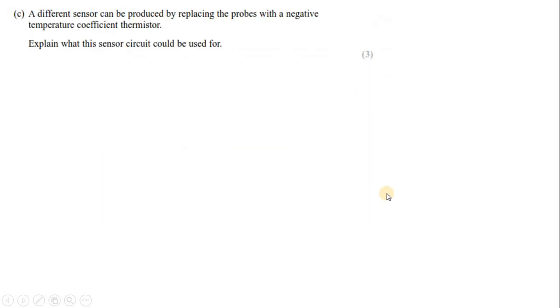A different sensor can be produced by replacing the probes with a negative temperature coefficient thermistor. Explain what this sensor circuit could be used for. So it's all about the thermistor, and you know the behavior of a thermistor is, if temperature is increased, the resistance will decrease. So for a thermistor, temperature increases, resistance decreases, so the voltage across the component will also decrease.